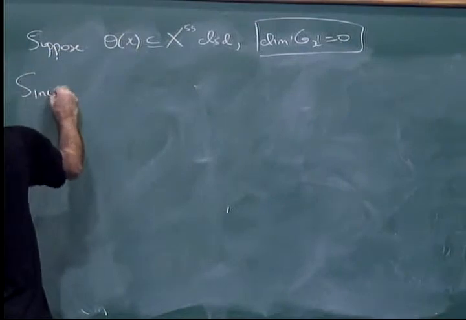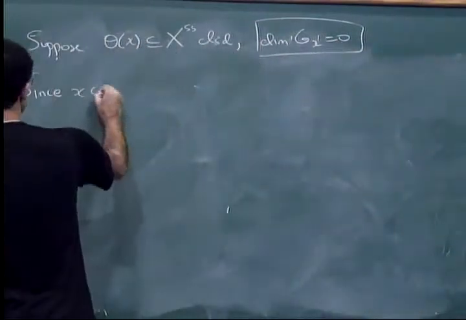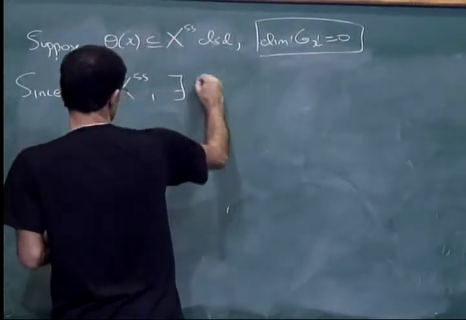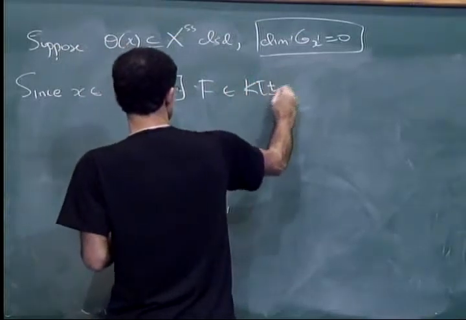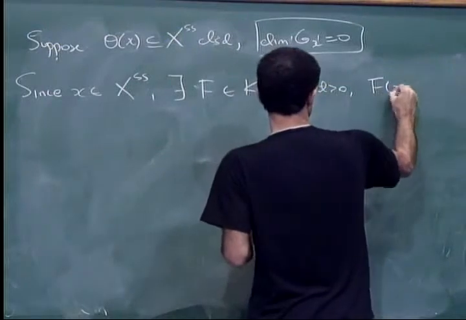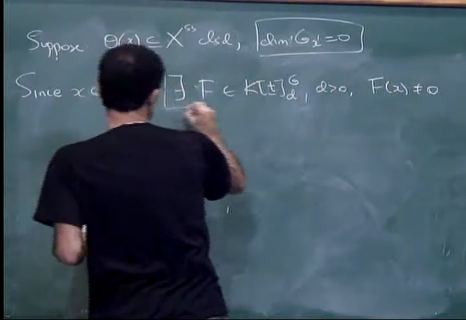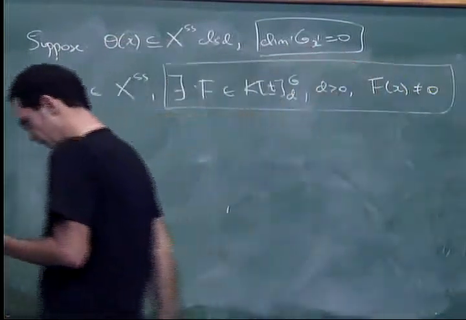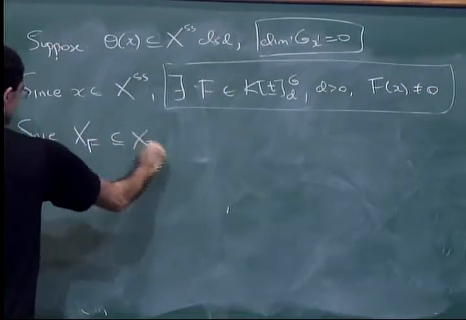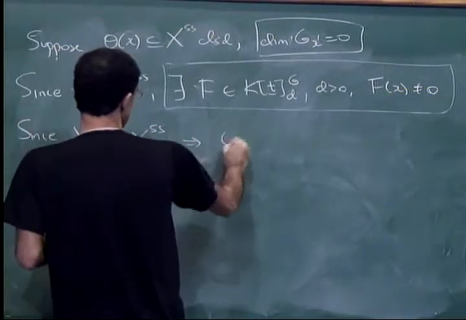Since my point is already semi-stable, again, there are those polynomials. So there is this polynomial F such that F of X is non-zero. Okay, so there is this polynomial. And since the principal open subset is inside here, and the orbit is closed in here but lives in here, then the orbit is closed here.